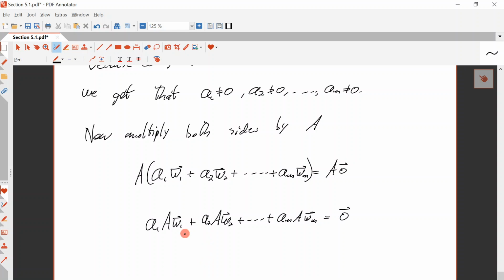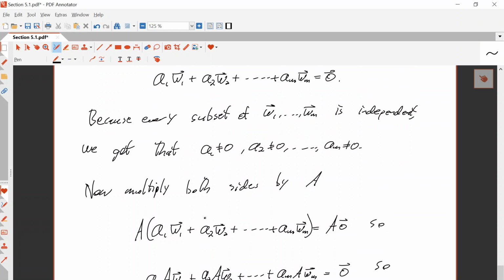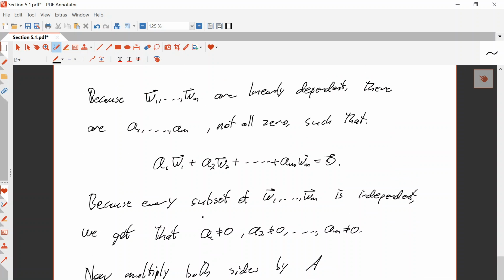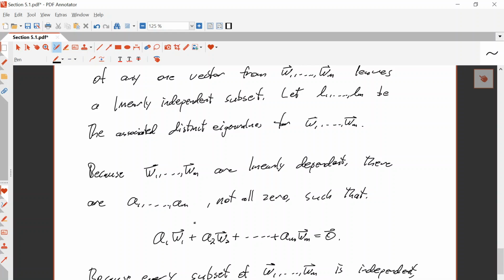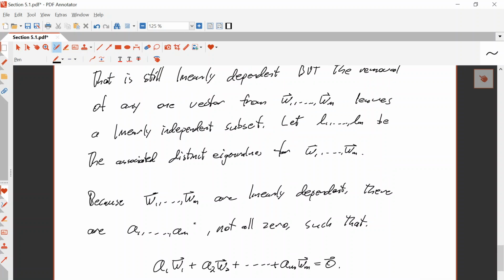Okay? Well, the W's are eigenvectors for A. A times W1 is, and what were the eigenvalues? We wrote them down somewhere. Yeah. The eigenvalues were L1 to Lm. A times W1 is L1 W1.